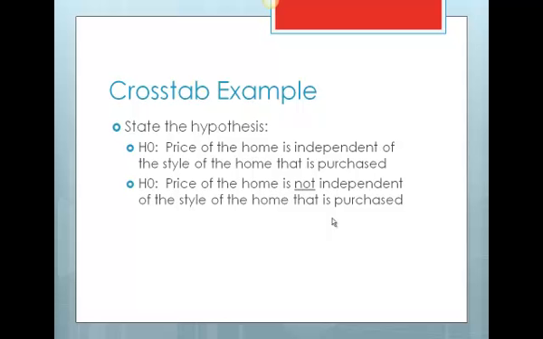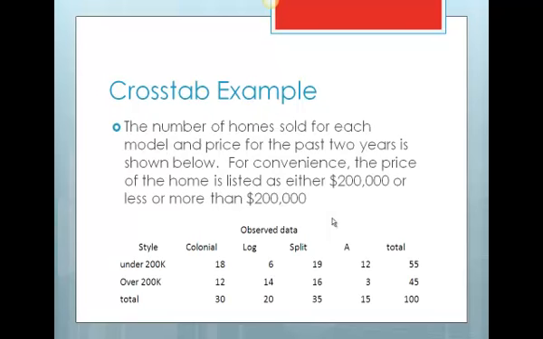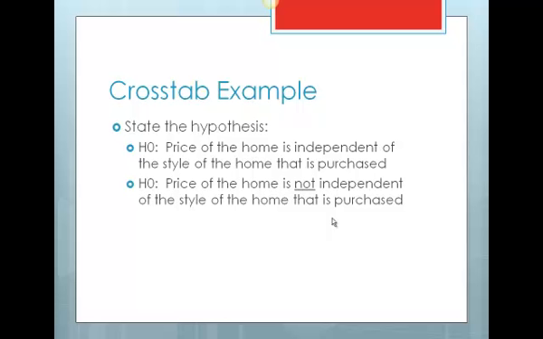HA, row is not independent from column. Here, your rows are the under 200,000 or over 200,000, and your columns are the house style. So H0, that price of the home is independent of the style, versus HA, the price of the home is not independent of the style, or depends on the style.